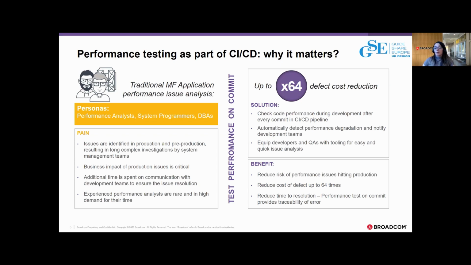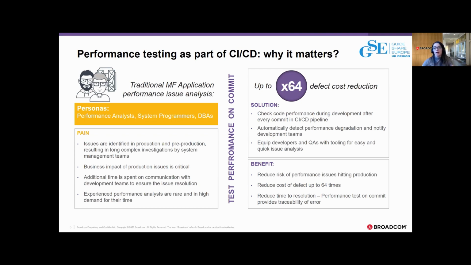Also, modern performance products for the mainframe expose their functionality through APIs and command line interfaces, and make it possible not only to detect the issue, but also to resolve it more easily using standard interfaces familiar to development teams.